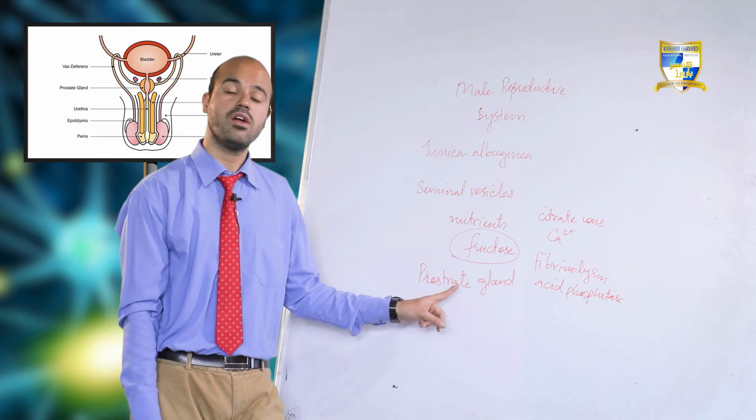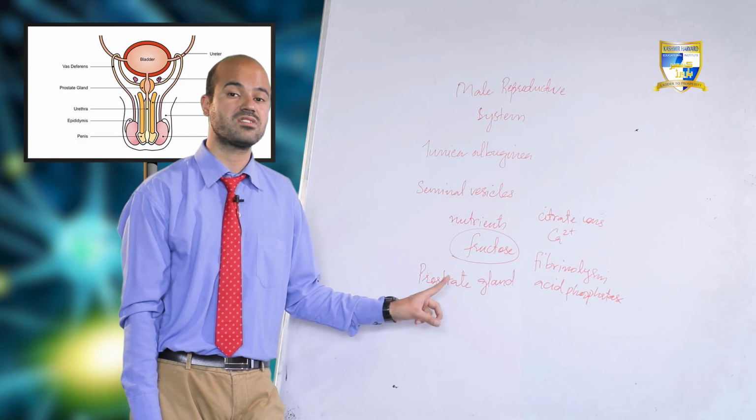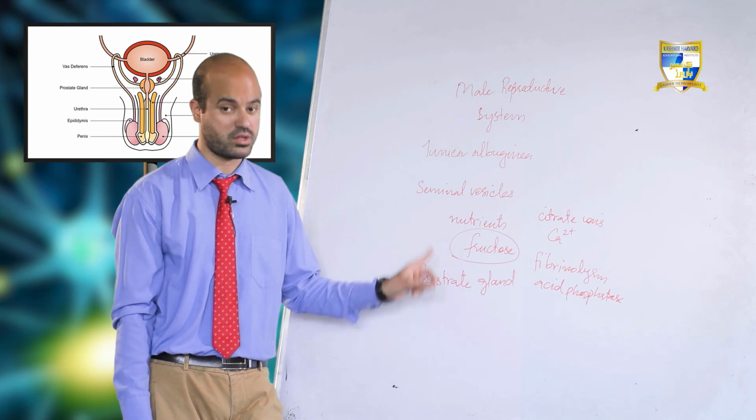But remember one thing, the prostate gland adds its secretion to the sperm cells in the urethra.